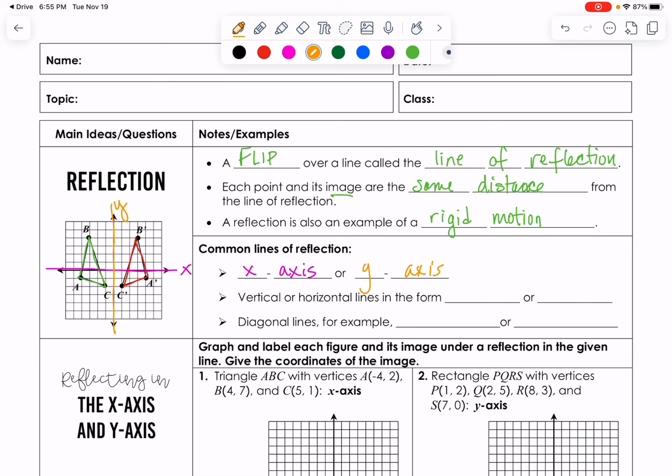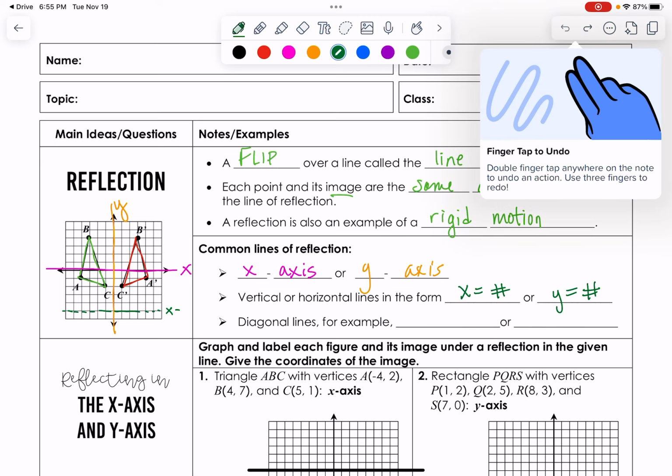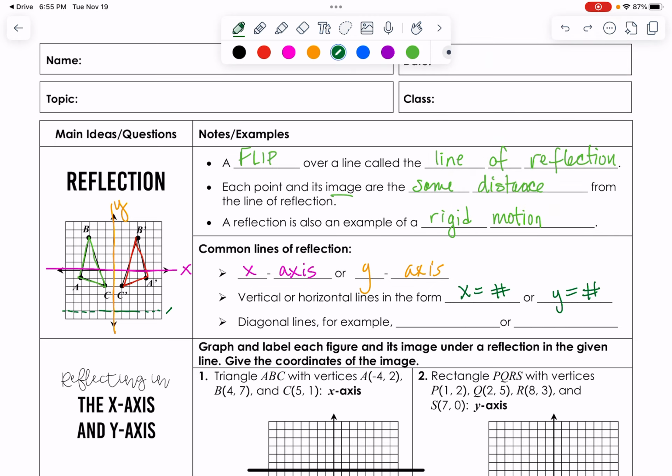Sometimes we use vertical or horizontal lines in the form of x equals some number or y equals some number. So like we could do y equals -5.